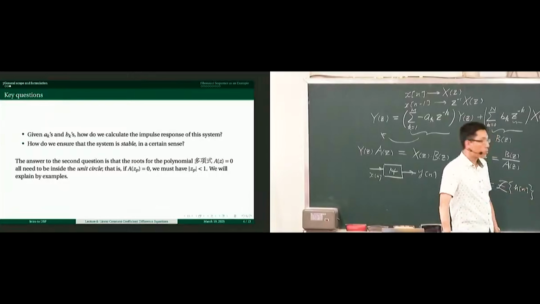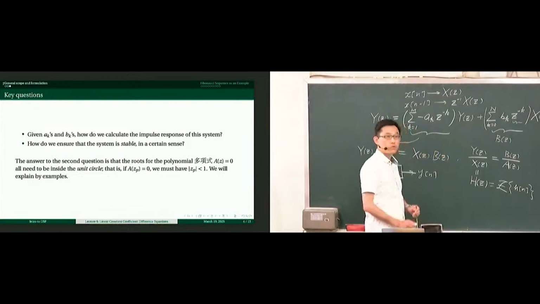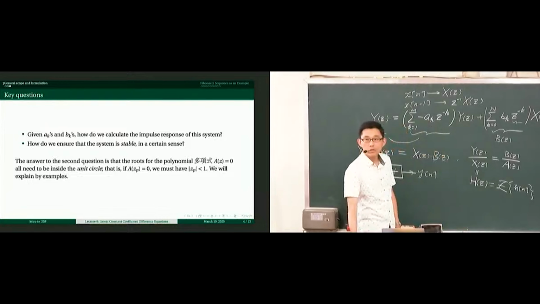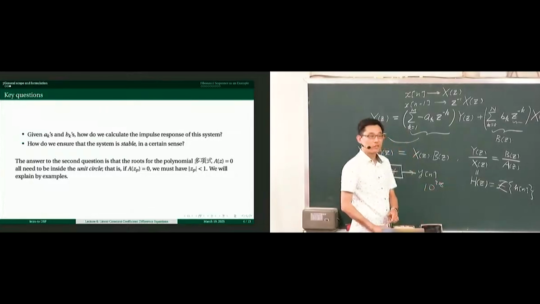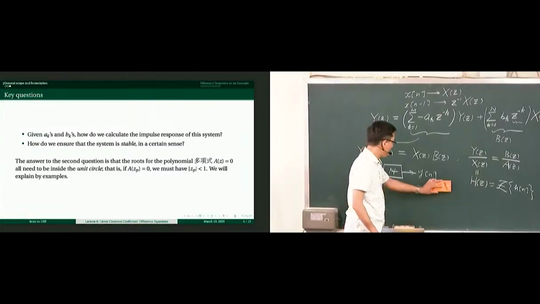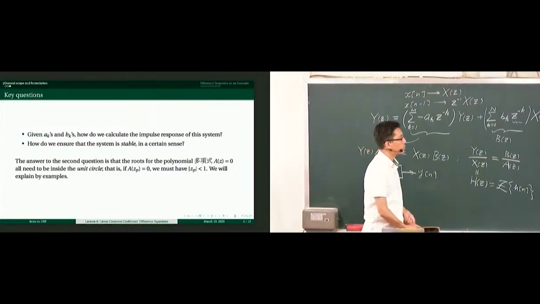We don't want the system to receive an input and the output to overflow, to explode to 10 to the 306 power. So we don't want that to happen, right? We do not like that.